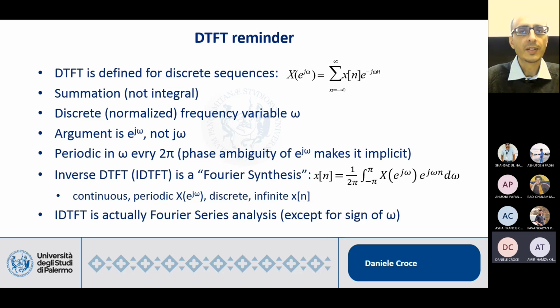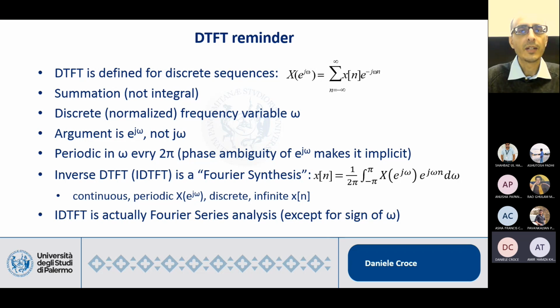And we don't use the frequency, but we use a discrete normalized frequency variable omega. Okay? So omega is not infinite, but it goes from 0 to 2 pi or from minus pi to pi.